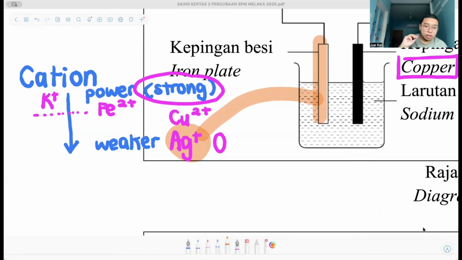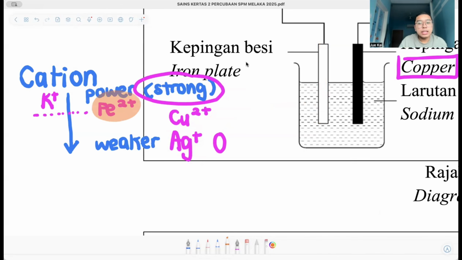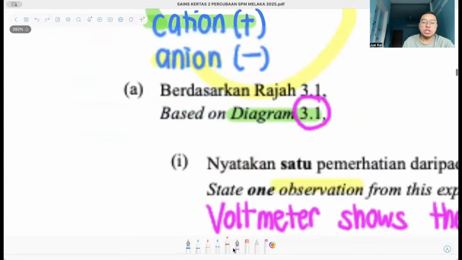So that means when I put iron in this part, guarantee I will get reading. Firstly, I get reading. Secondly, electrical energy is produced.